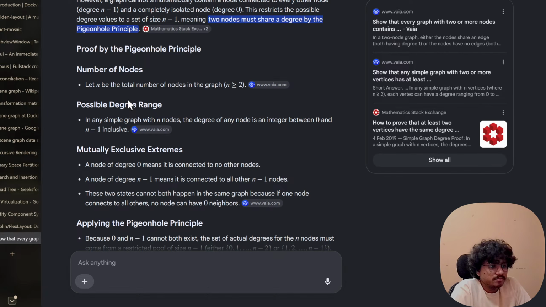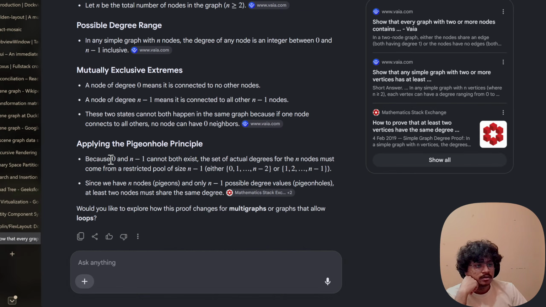A node of degree n minus 1 means it is connected to all the other n minus 1 nodes. These two cannot both happen in the same graph, because if one node connects to all others, no node can have zero neighbors. Because they cannot both exist, the set of actual degrees for the n nodes must come from a restricted pool of size n minus 1.